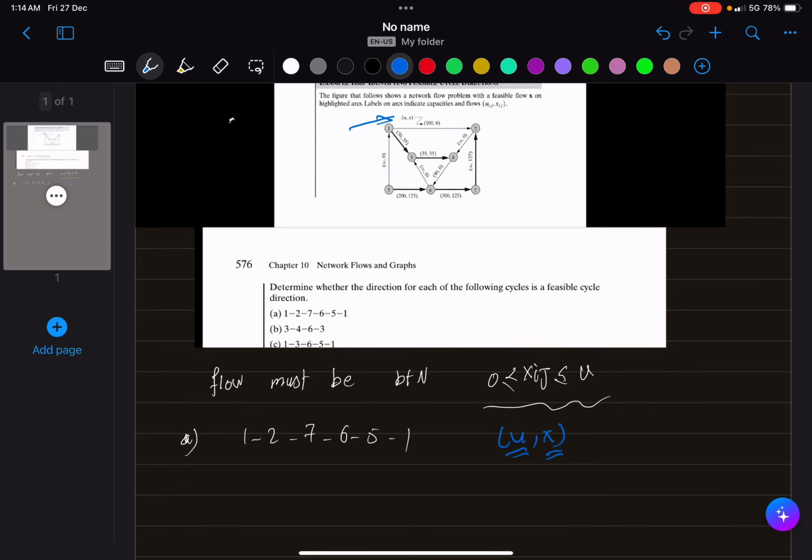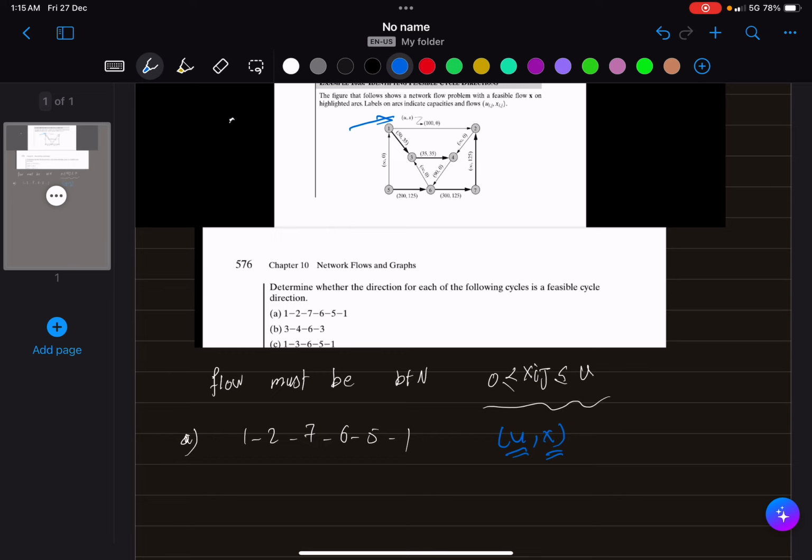So when we move in the cycle 1-2-7-6-5-1, 1 to 2 is the forward direction, so we add 1. When we add 1, this 0 will become 1. Okay, 1 does not exceed 100. For the backward direction, negative 1, we subtract 1, so it becomes 124.